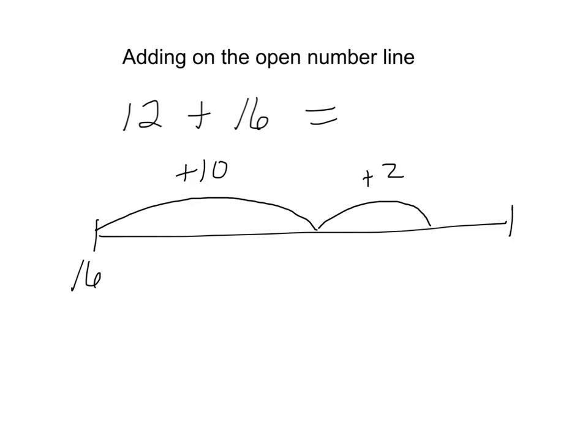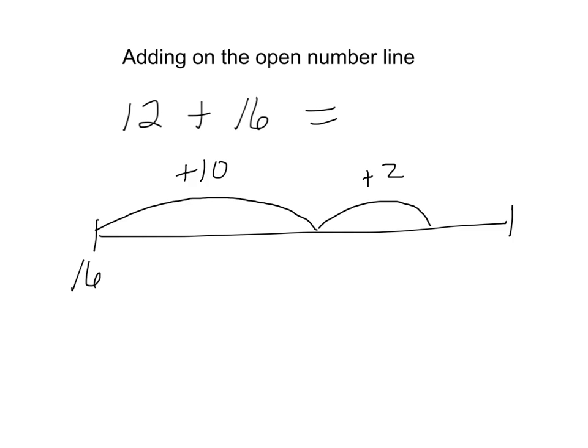When thinking about adding on the open number line, we think about these movements as jumps. That's why we took a look at first at the frog on that very first page. Now I could jump 12 all together, but it's much easier to jump by 10 and something else, or by some number in the tens and something else.